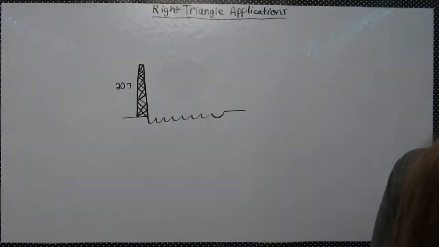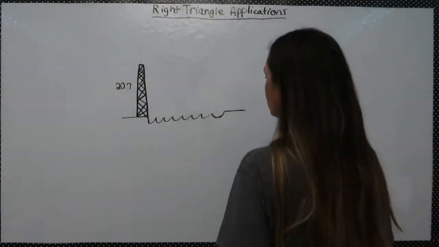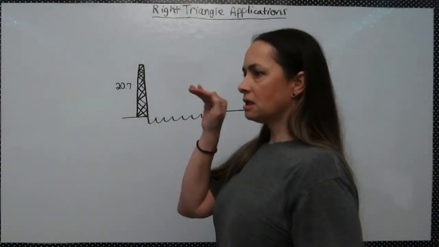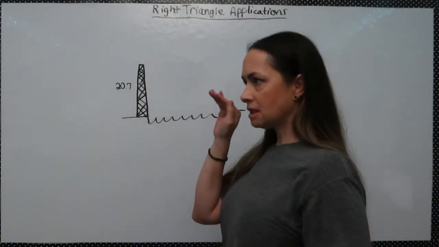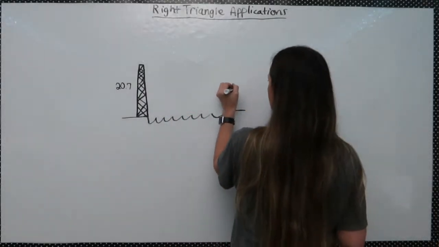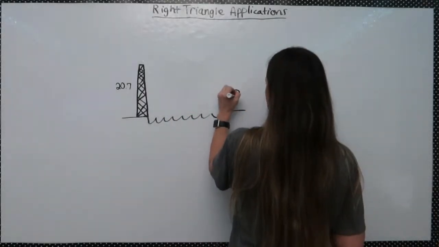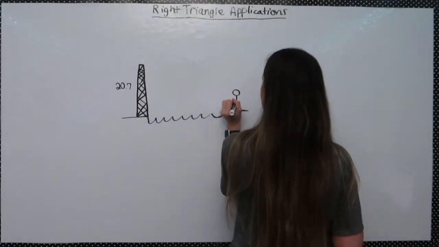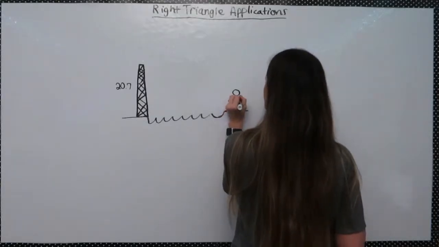If there is an angle of elevation or an angle of depression, the key to that concept is its line of sight. So what you might have is a person standing here. It can't be an angle of elevation or depression if there's not somebody viewing it. So this is a viewing angle.